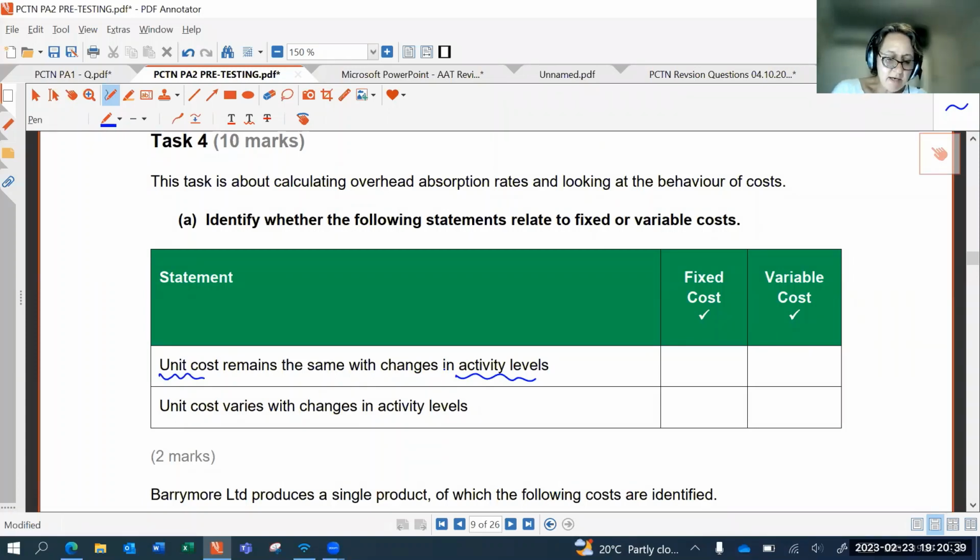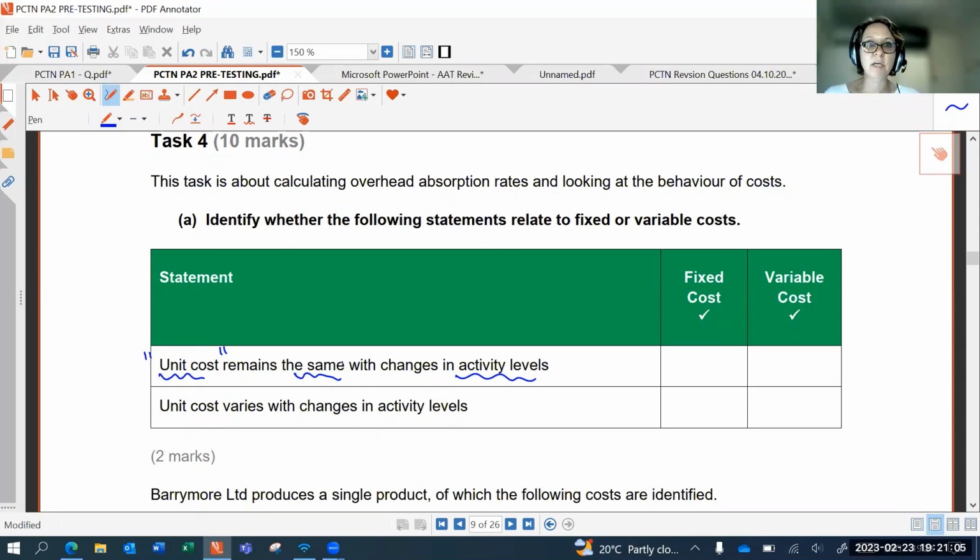Remember, you are looking at the cost of the individual unit. This is where it's so easy to go wrong with this one. You've got to look at the cost of one. So it's saying the cost of one unit is going to be the same, and what that means is each unit will be the same. So if we think about a course, as an example with First Intuition, let's say there's 2 elements to the course.